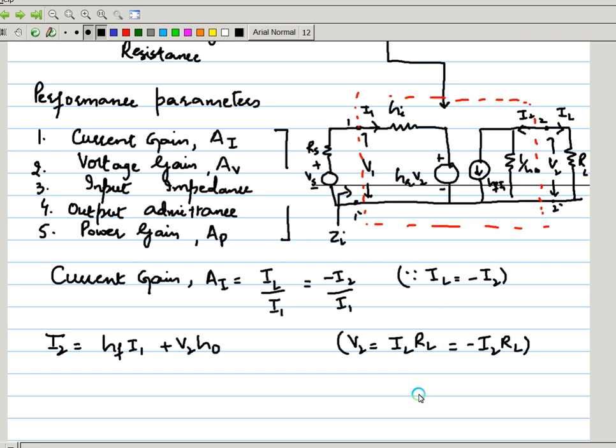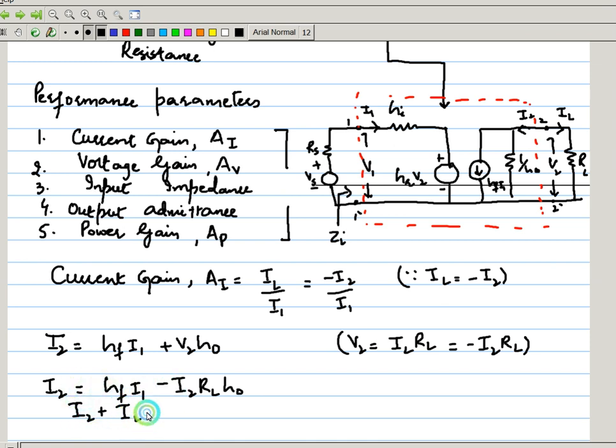Since the current is the same, I2 and IL, only they are opposite in direction. So instead of V2, we can write in this equation HF into I1 minus I2 RL into HO.